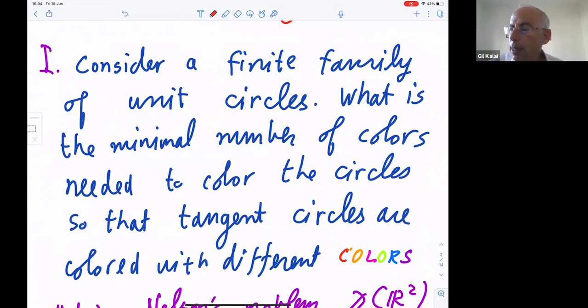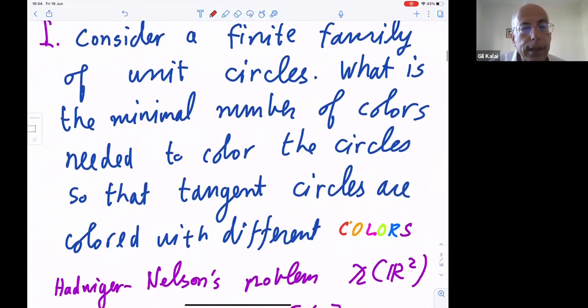The first problem is quite famous, and stating it with circles makes it a little bit more complicated. Here it is: consider a finite family of unit circles. What is the minimal number of colors needed to color the circles so that two tangent circles are colored with different colors?